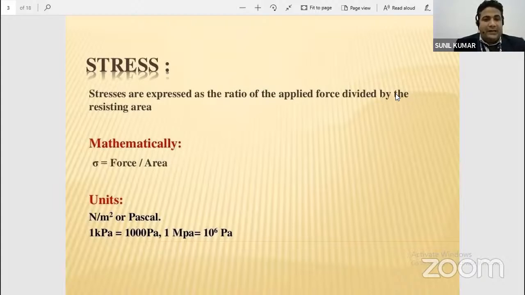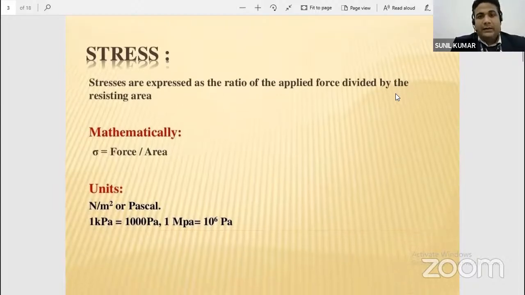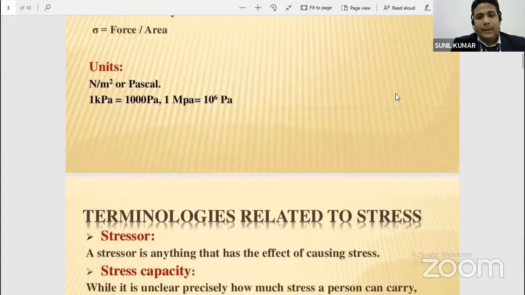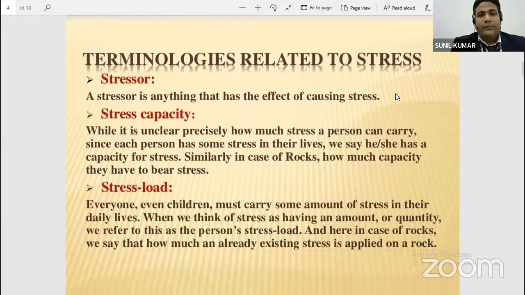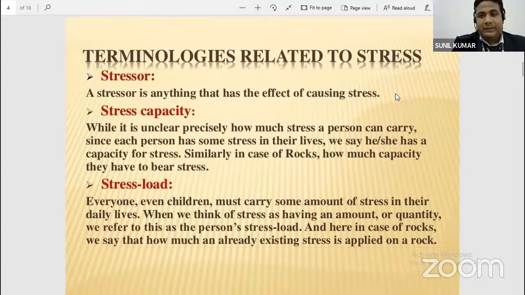So finally the unit is Newton per meter square, which is known as the Pascal. 1 kilopascal is equal to 1000 Pascal, and 1 megapascal is equal to 10 raised to the power 6. Then the next slide: terminology related to stress, capacity, stress load. I will discuss it further.